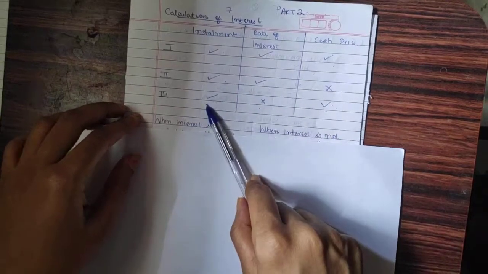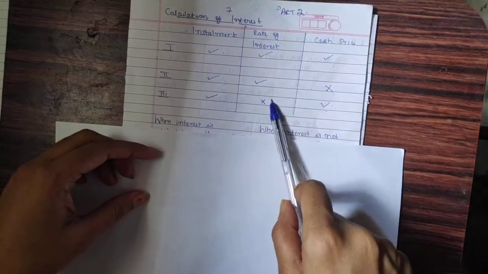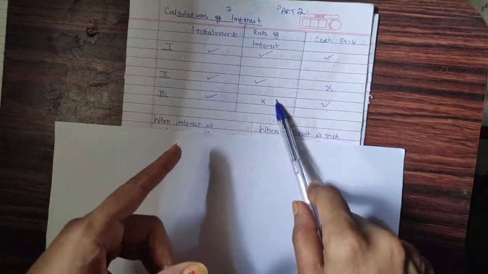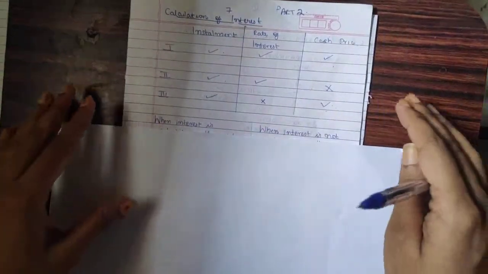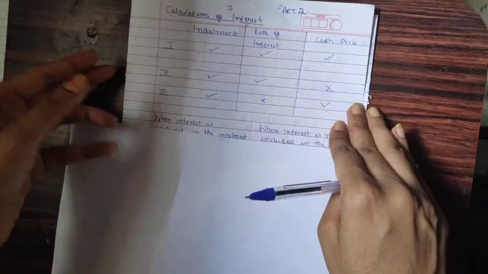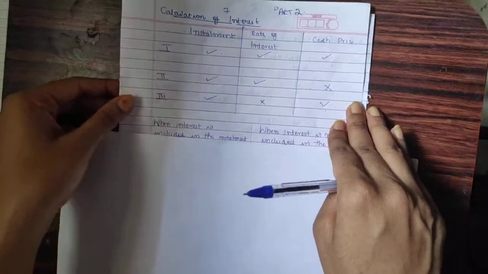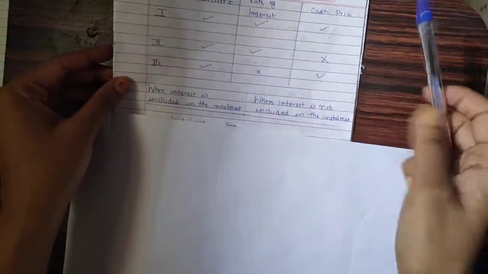And in the third scenario, the installment amount and the cash price would be given but the rate of interest would not be given. So we need to find out what kind of information they have given us in the problem.